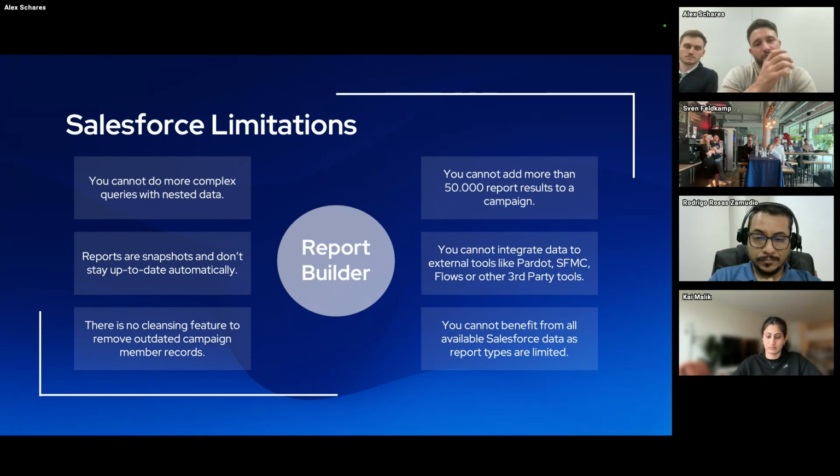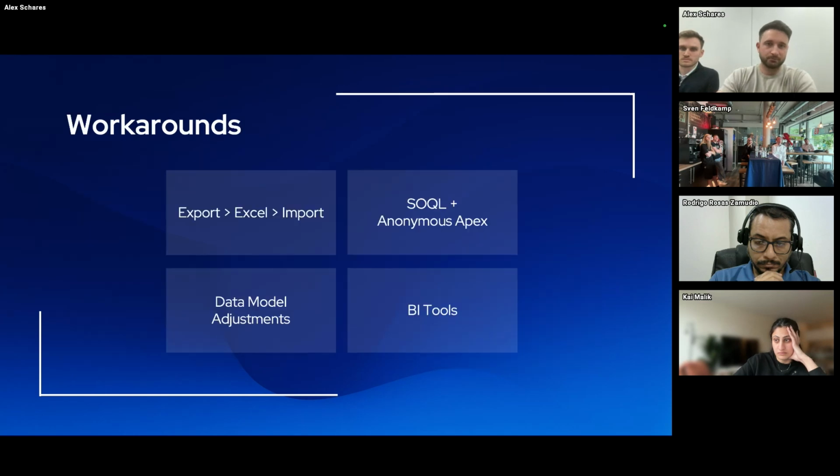For example, you've added them to a campaign and members are outdated. It's always pushing new records on top, but if there's outdated data that you want out of the system, you have no option to do it. And lastly, you also have no real integration to your marketing tools, be it Marketing Cloud, Flows, or other third-party tools like HubSpot, for example.